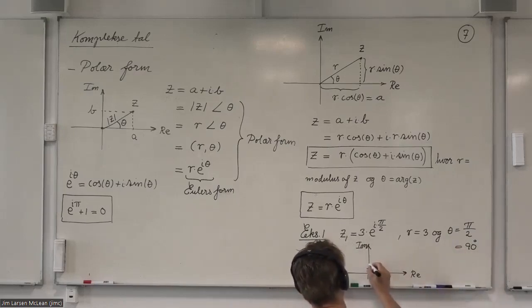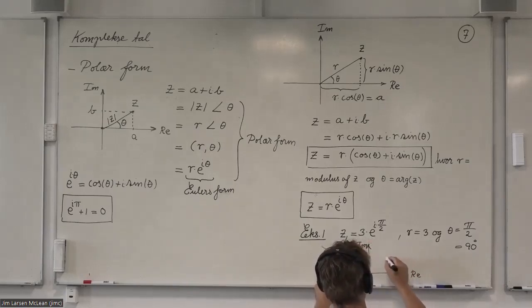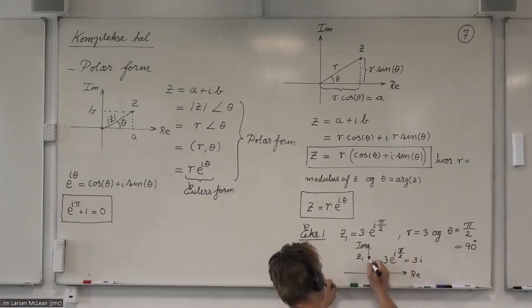So it goes 1, 2, 3 units up here. z1 is here. So that means this is actually a different way of writing the number 3i. Can you see that? We agree, and it's true.